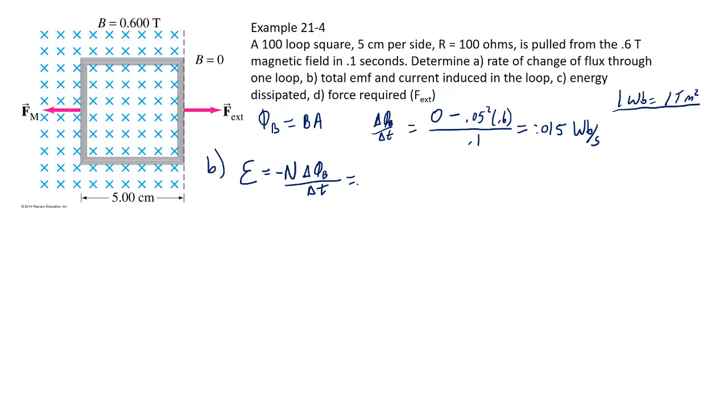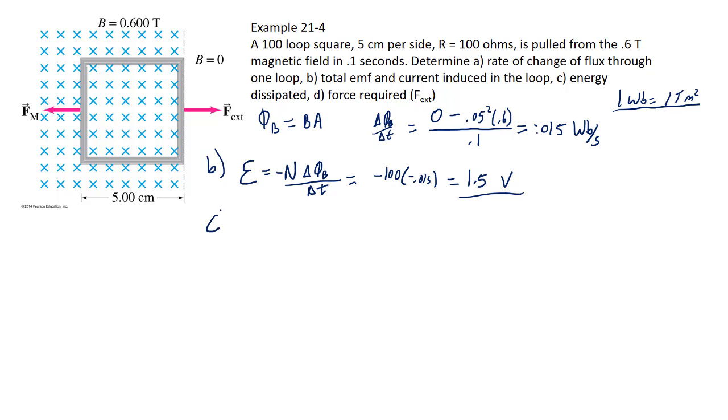And so all I have to do is take this negative 0.015 times negative 100, because negative is the sign and 100 is the number of loops, and that gets us 1.5 volts. We took the number of loops times Webers per second. Okay, EMF is a voltage, so 1.5 volts.